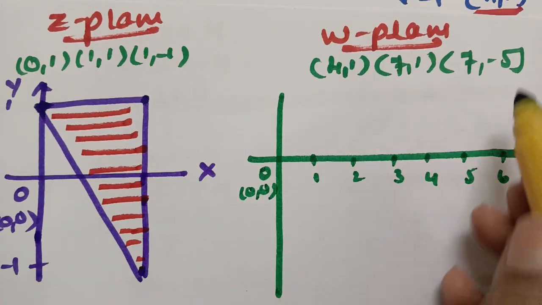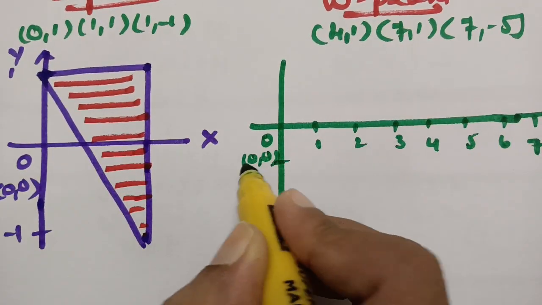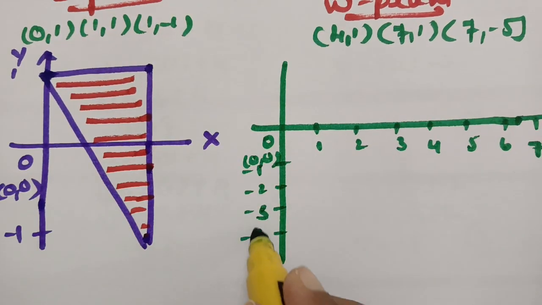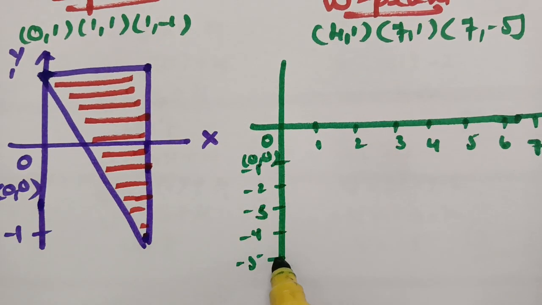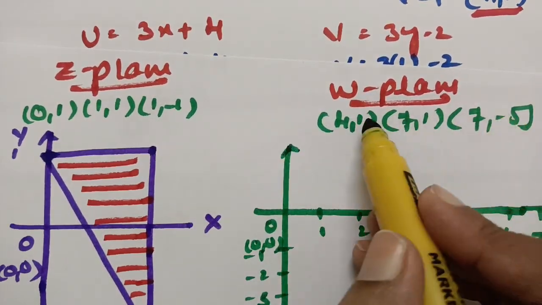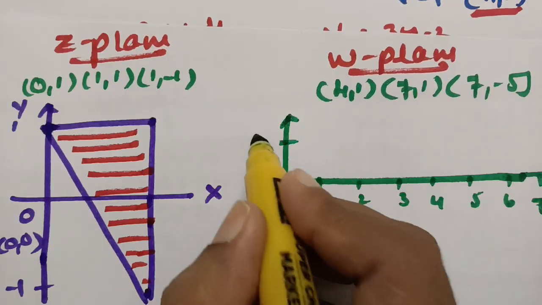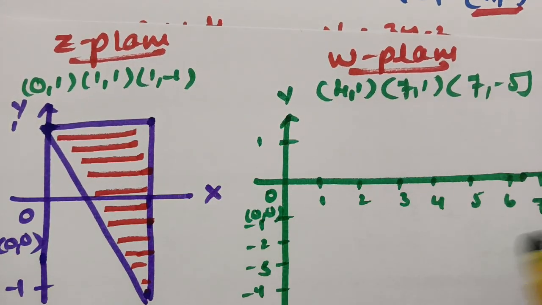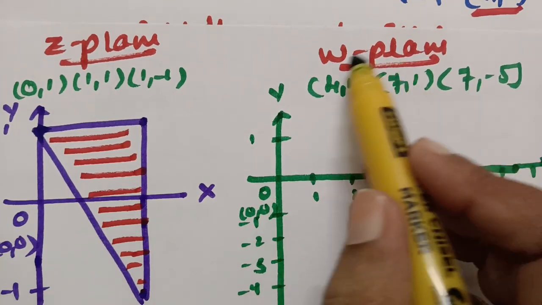Then the y value is, max minus 5, so this is minus 1, minus 2, minus 3, minus 4, and this value is minus 5. Here the maximum positive y value is 1, so I'm taking only 1. So this is the v axis and this is the u axis.